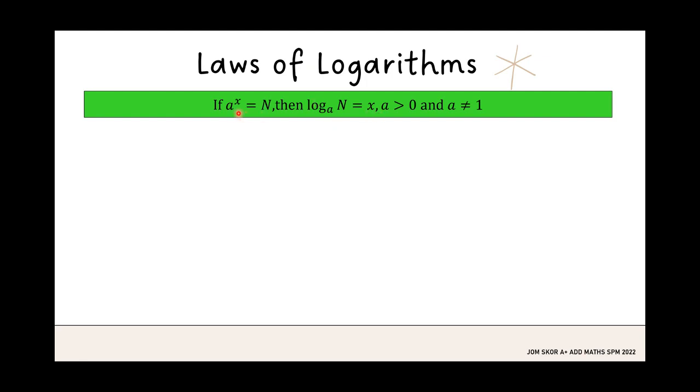Tengok betul-betul, kalau kita ada satu indeks a kuasa x sama dengan n, kita boleh logkan, okay, maka base adalah a. Nampak? Log. Cara kita sebut log n base a. So base itu adalah a. Untuk indeks pun base adalah a. Okay? Sama dengan x dengan syarat a is greater than 0, meaning the value of a is positive and a cannot equal to 1. Okay, ini adalah definition, okay, dalam logarithm.